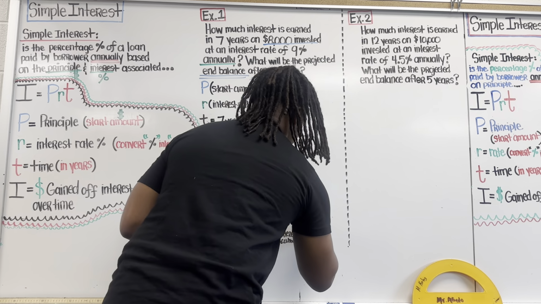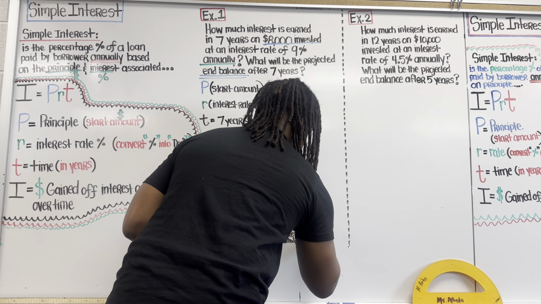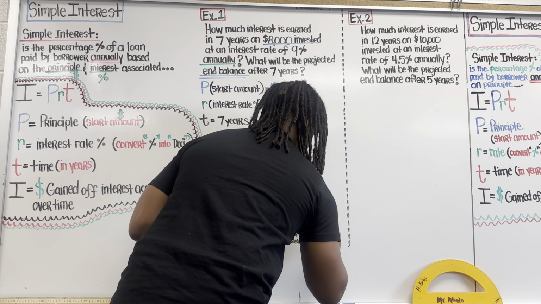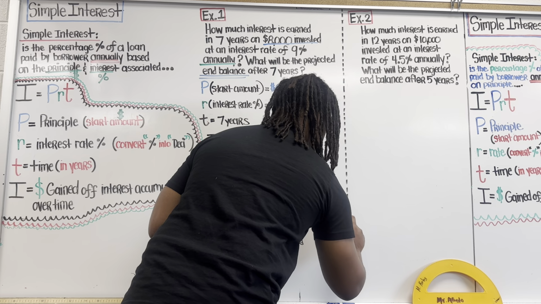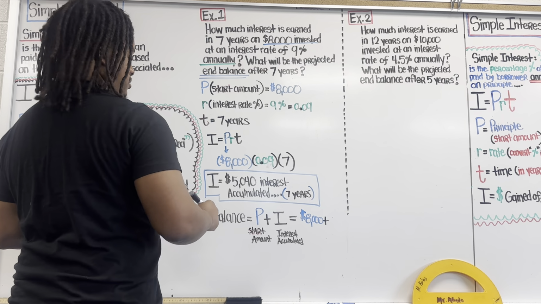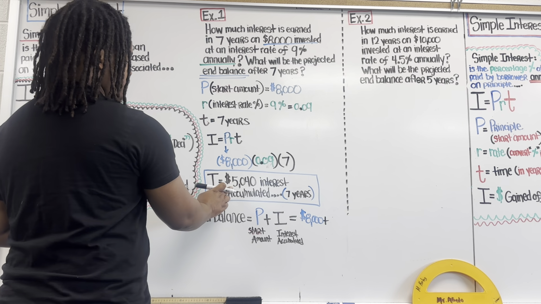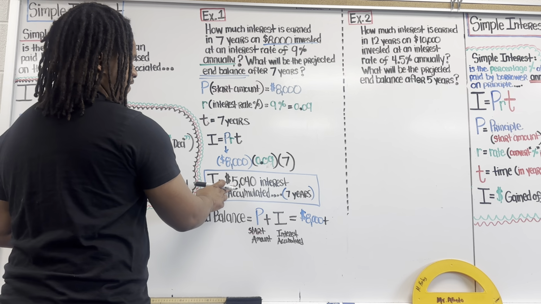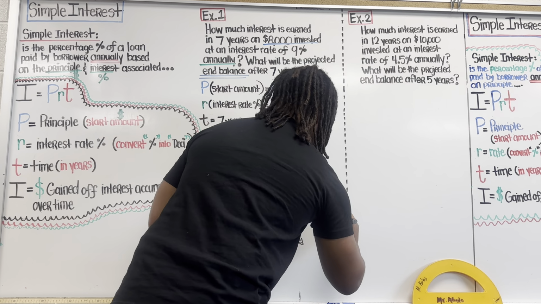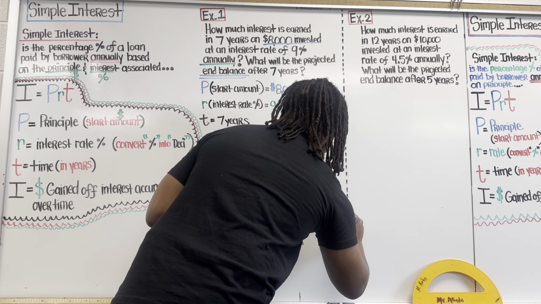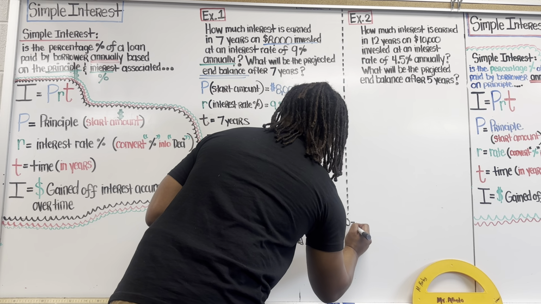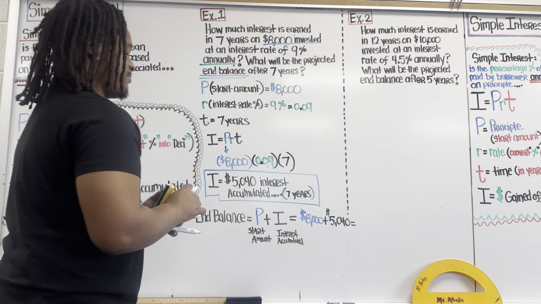Once again, the start amount was $8,000 plus the interest that was accumulated over 7 years, which is $5,040. Let's add up those two numbers.